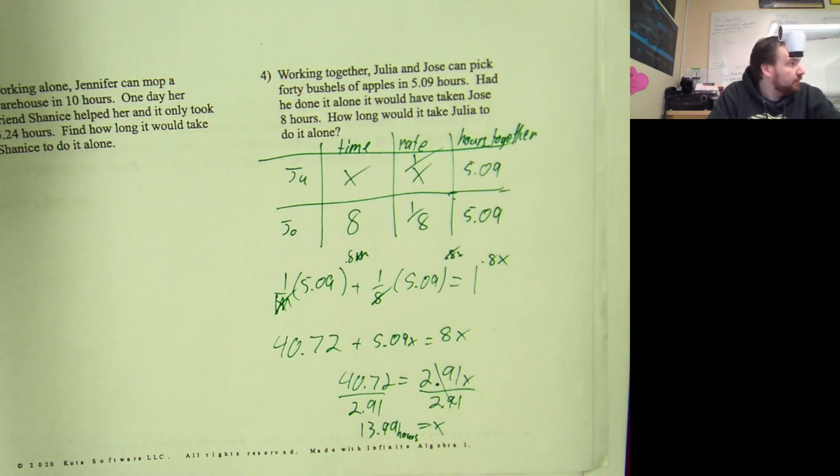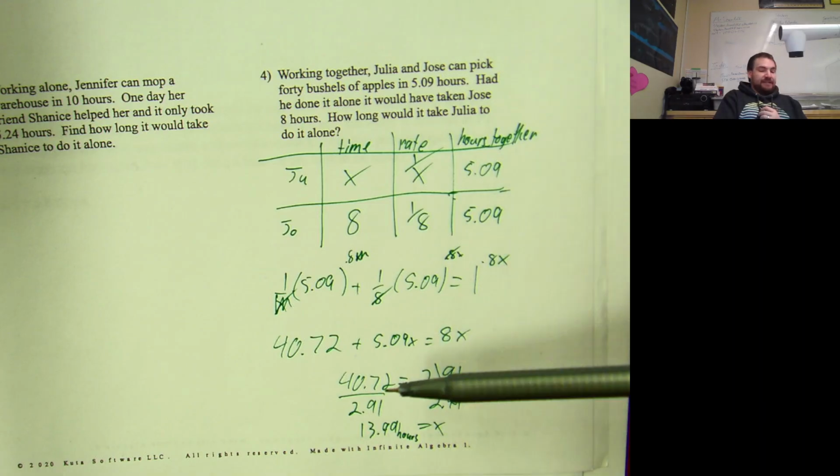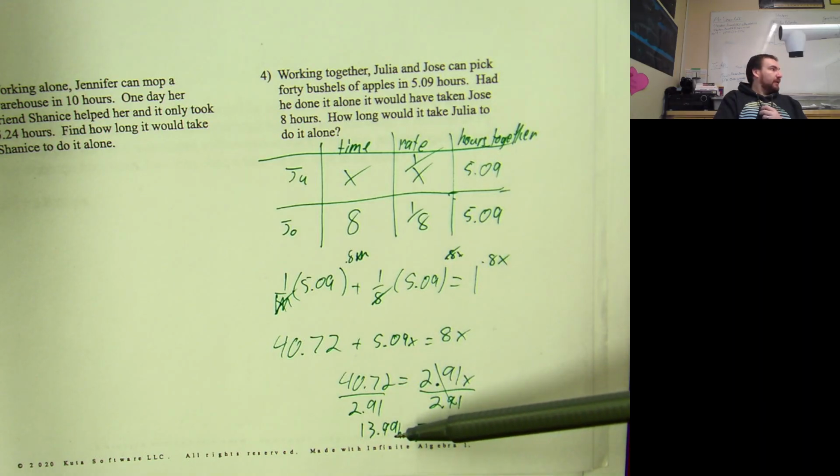Sorry? How is 13 point... sorry, what's the question? Because the time was given to us in hours, so this has to be hours. I'm not sure I understand the question. Like, what does 0.99 hours mean?